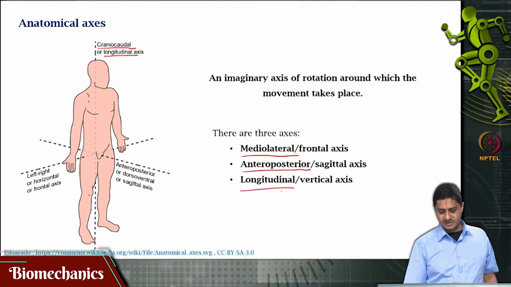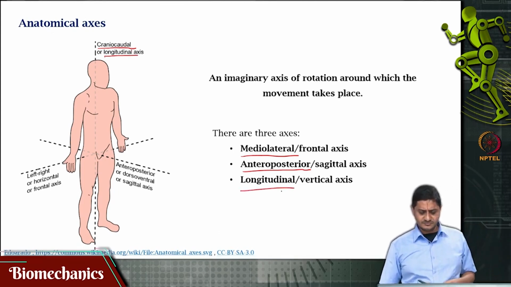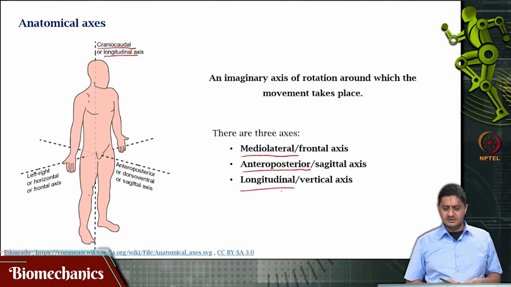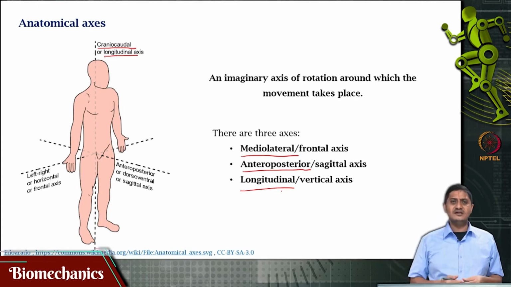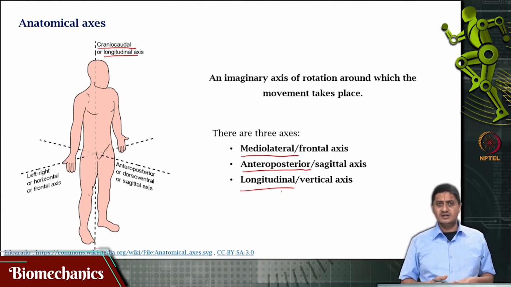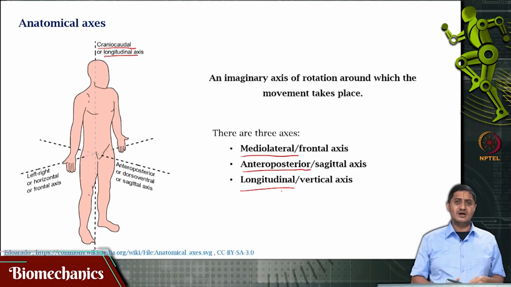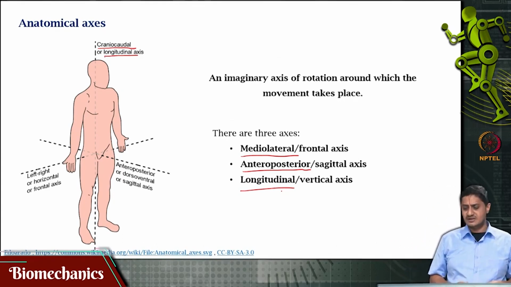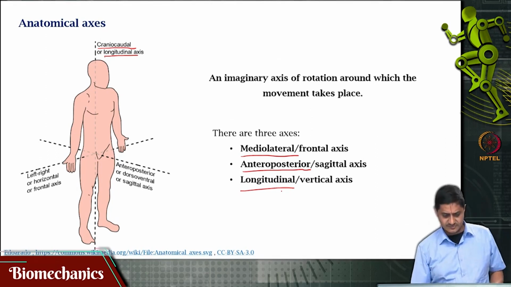Let us remember this: the axis going from left to right or from the middle to the side is called the mediolateral axis. The one that goes from the front to the back is called the antero-posterior axis, and the one that is perpendicular to the head, or longitudinal, is called the longitudinal axis or the craniocaudal axis.